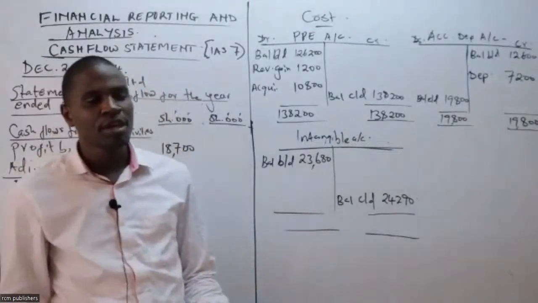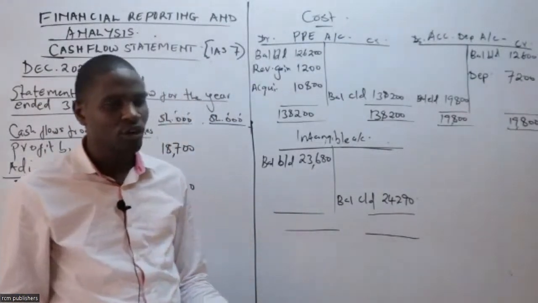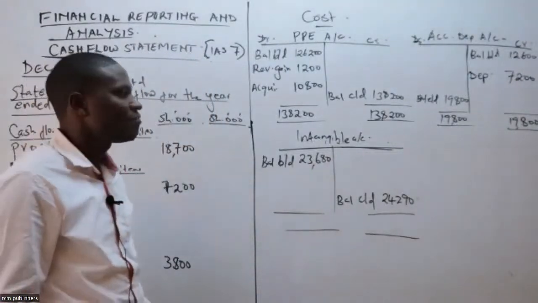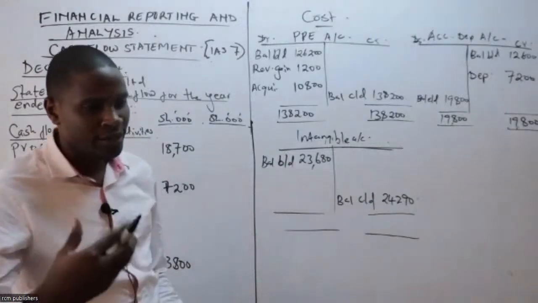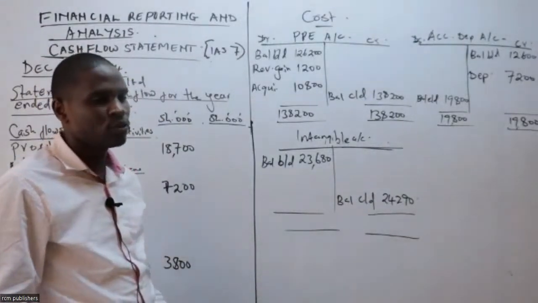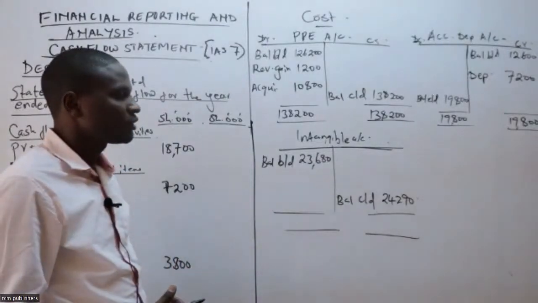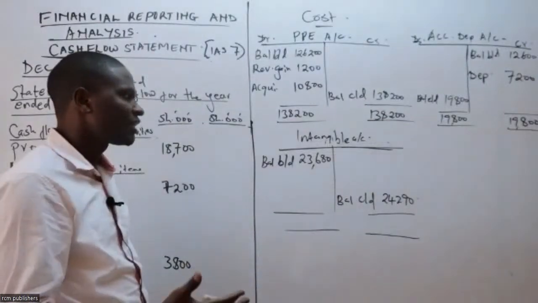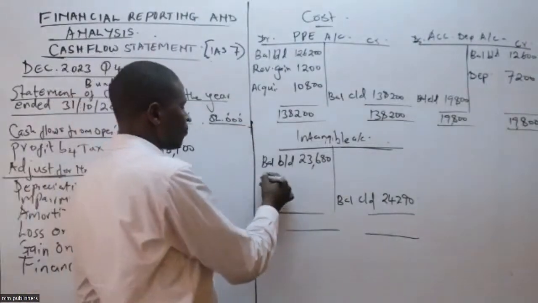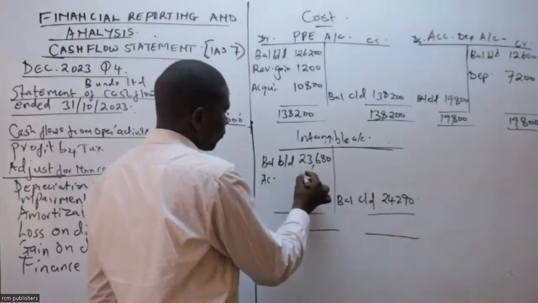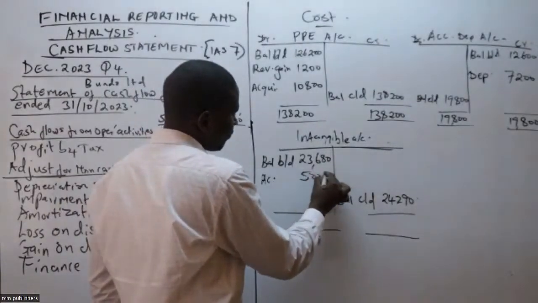Where should these 5 million be placed in our account? Exactly. Thank you so much, Caroline. Caroline is telling us that we should debit. This is an asset, so our intangible asset increased. Therefore, there was acquisition of this item worth 5 million.